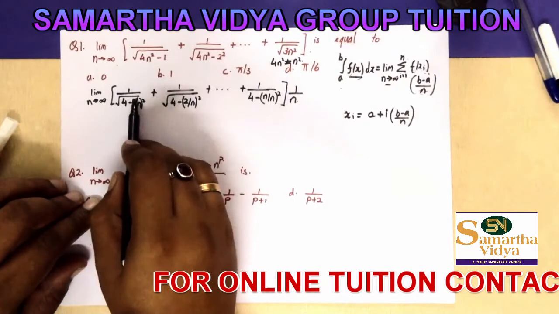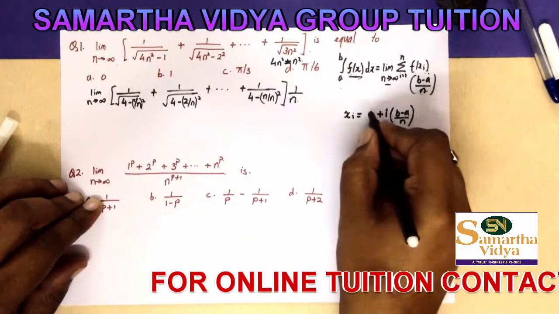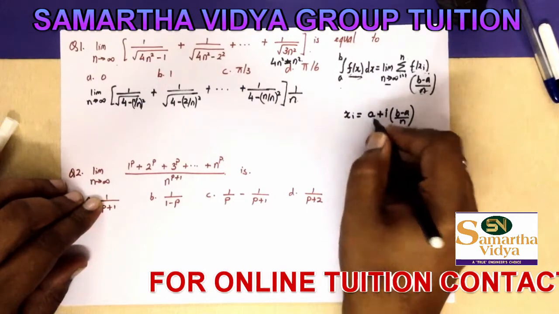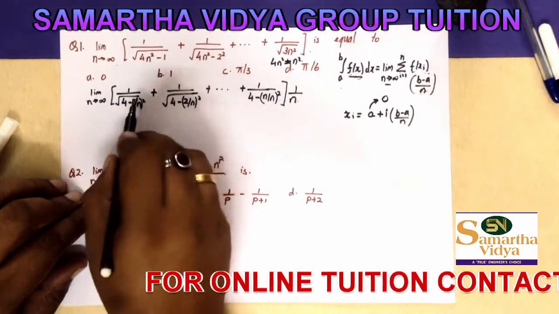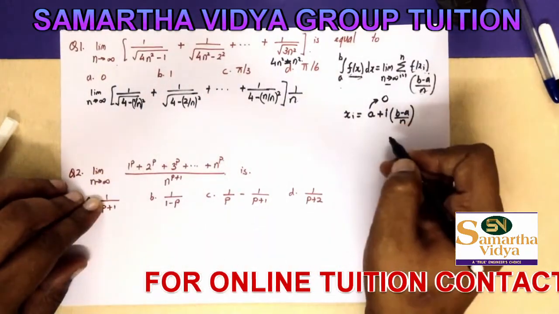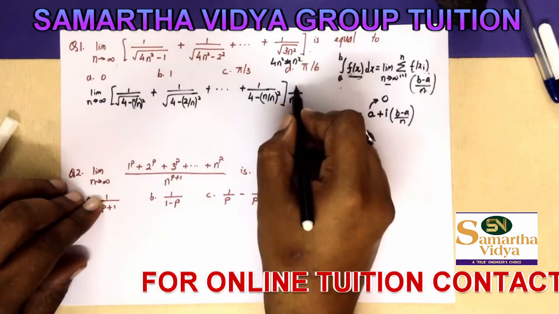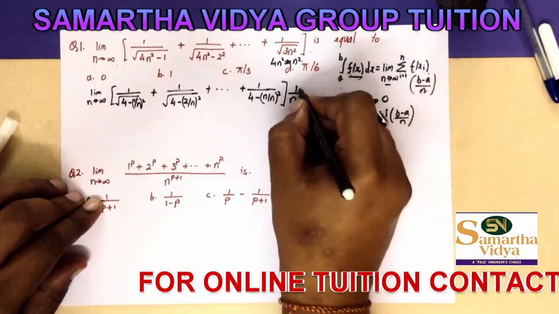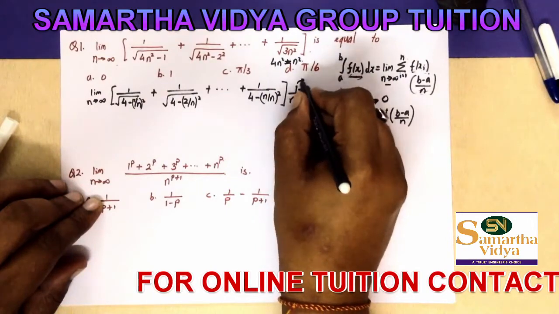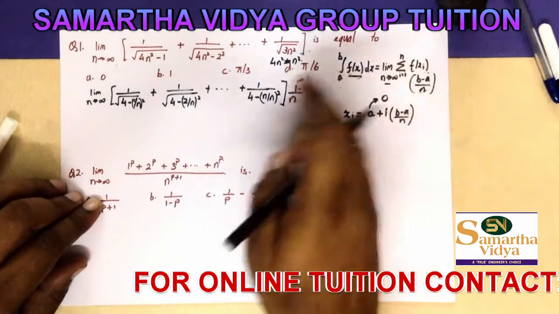So here my i is related to 1 by n, and I don't have an a term, so basically my a should be 0, because inside this bracket I don't have that a term. So a is 0. Now here what you can see is it is going 1, so b minus a is basically 1, that means my b should be 1. So that is how basically you're relating it with the definition.